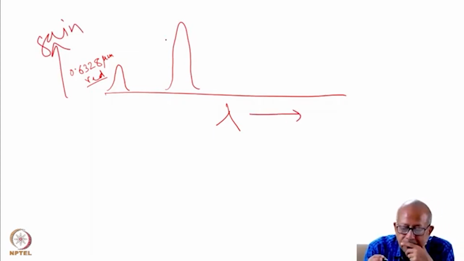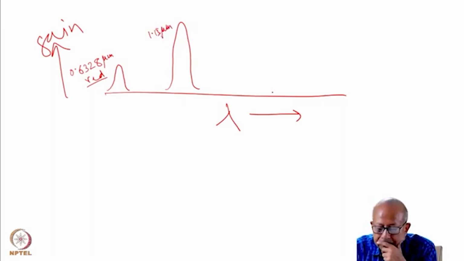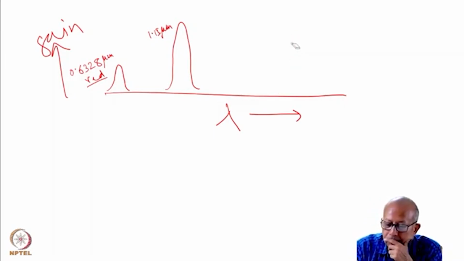This is 1.15 micron. And the next is 3.39, which has an intermediate gain.